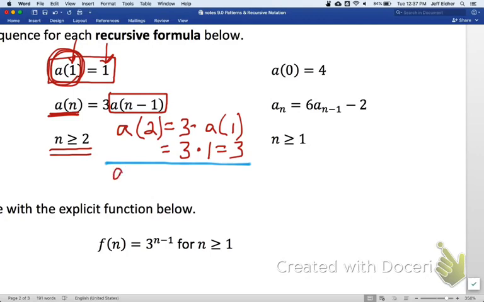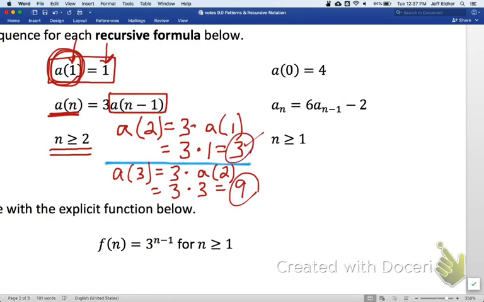Our next term, our third term, we're going to take 3 times the term before it, which is a sub 2. Our second term is what we calculated, that was a 3, so we get 3 times 3, and that would be a 9.